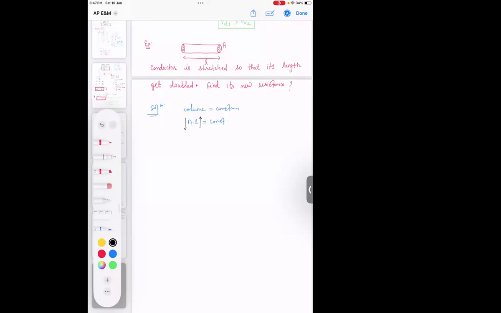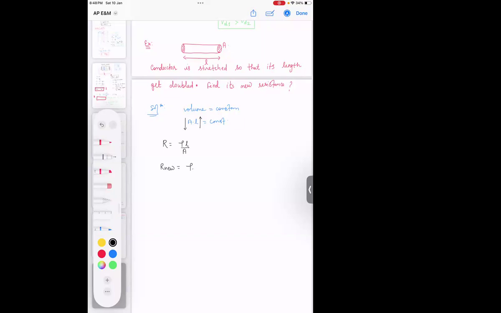So when I use the resistance formula rho L by A, new resistance if I want to calculate, resistivity will not change. Resistivity is the property of material. If a fixed conductor is there, then mass of electron does not change, right? Number of electrons per unit volume will not change, right? Temperature, these things are constant, isn't it? So if these things are constant, the resistivity did not change.